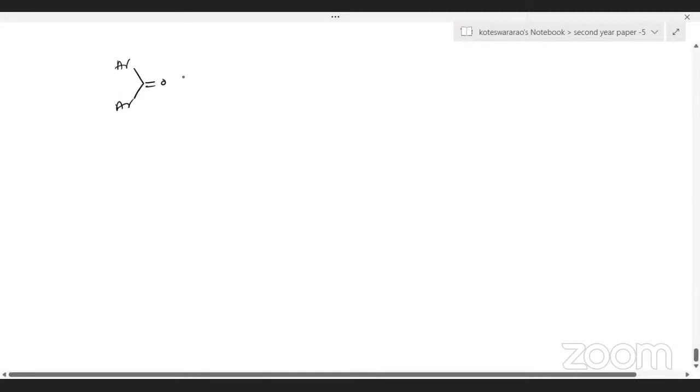Before going to the Paterno-Büchi reaction, the type of intermediate and the type of mechanism participating is already explained, but again, I am going to explain here. Suppose aromatic ketones are participating. When irradiated with light, they first generate the singlet state, the n-pi star singlet state.